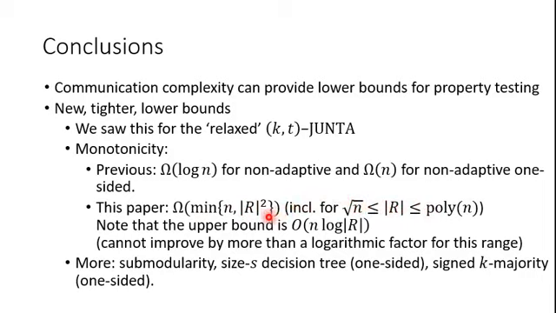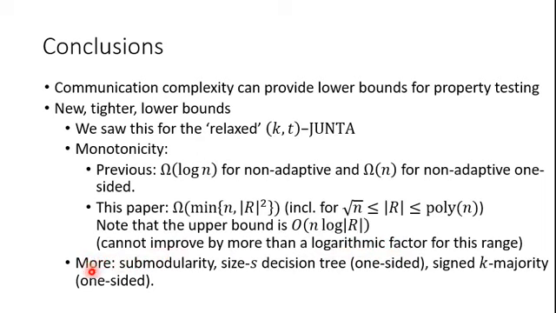If we look at the literature, we can see that the upper bound for this is O of n log size of R, by Goldreich et al. in 2000. And this means that for this range, we cannot improve by more than a logarithmic factor. And this is a major contribution of their paper.